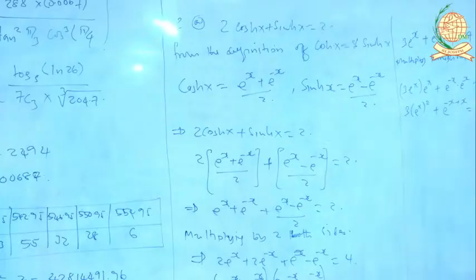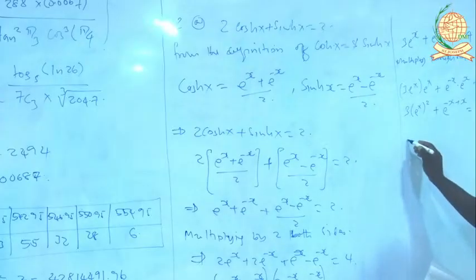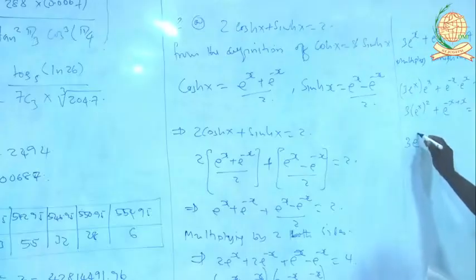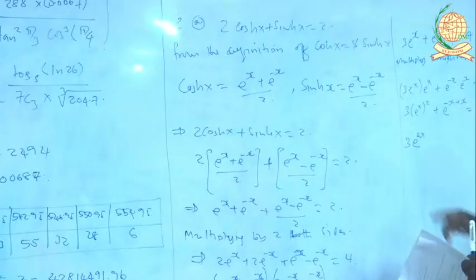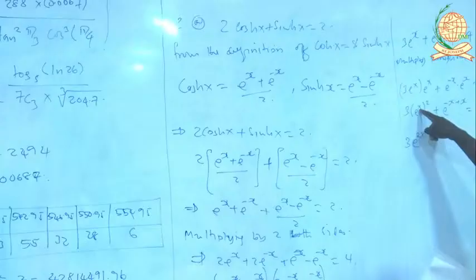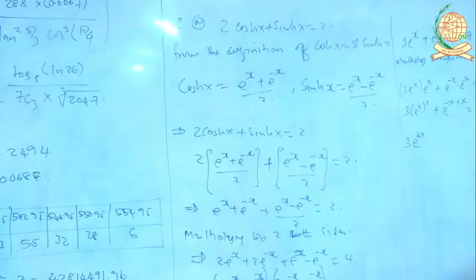And this term here, there's no complication because we have only one e^x, so it remains as it was. But for e^(-x+x), the summation of negative x and x is going to be 0. So this is going to be 3e^(2x), because e is the base, x is the exponent, and multiplying the exponent by 2 gives 3e^(2x).